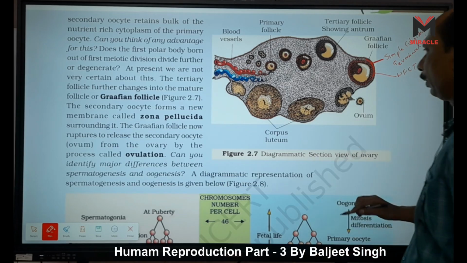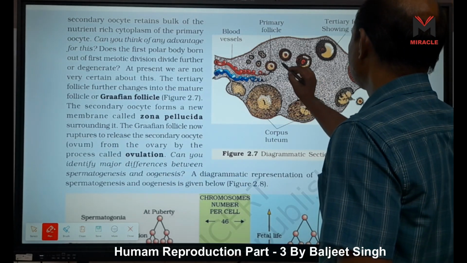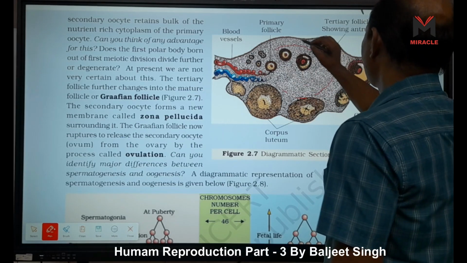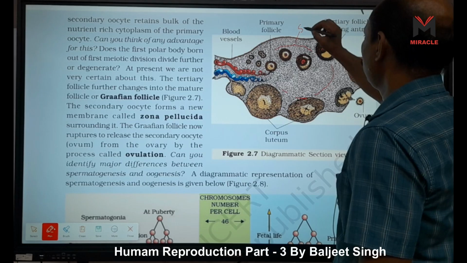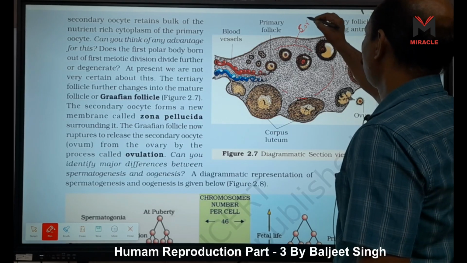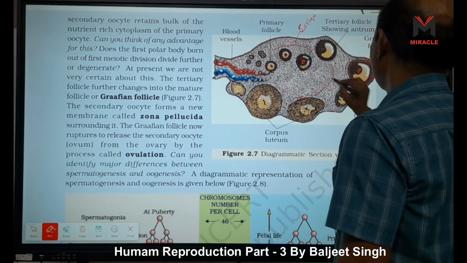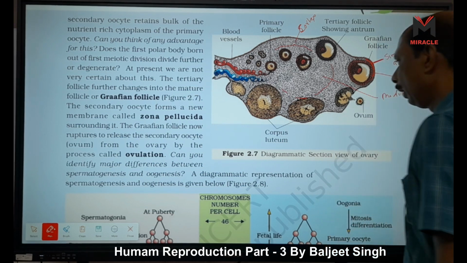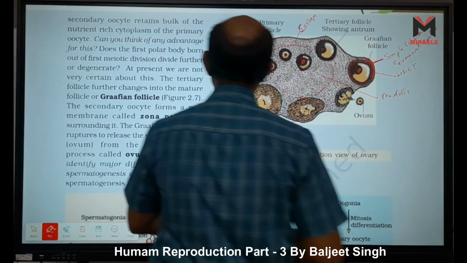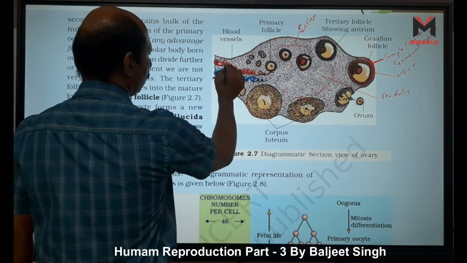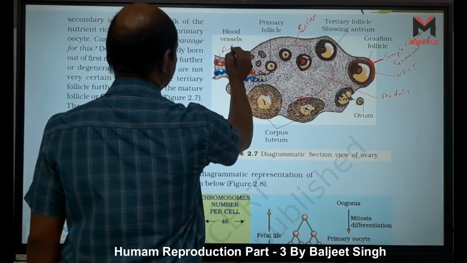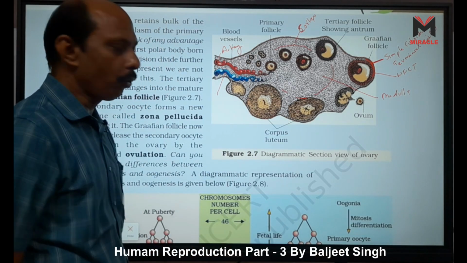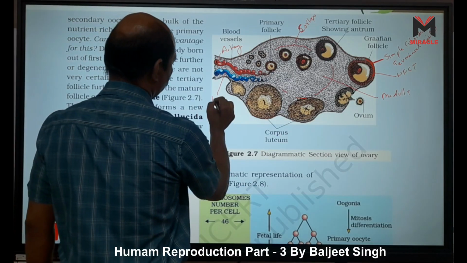The outer region is called the cortex, and the middle portion is called the medulla of the ovary. These are the blood vessels: red is the artery, and blue is the vein.